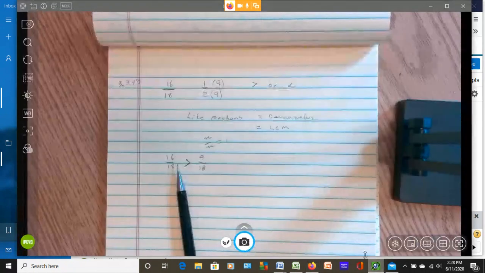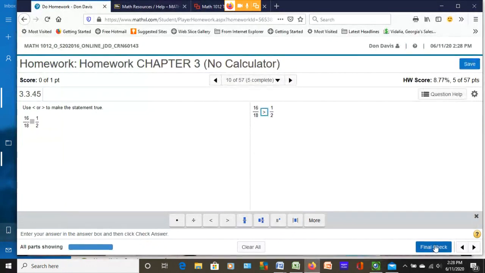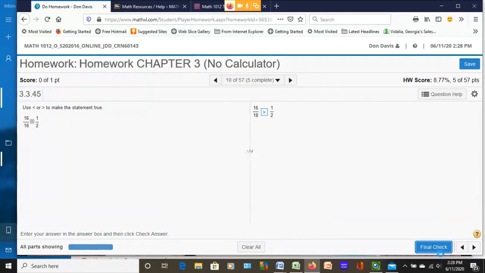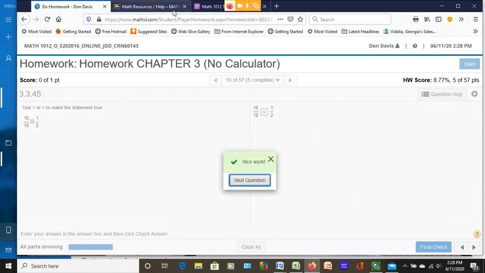That didn't play into it. What played into it was when we converted them to equivalent fractions with common denominators. That's when we determined that 16/18 is greater than 9/18. And we get one shot at this one. And once more, looks like we did some nice work there.